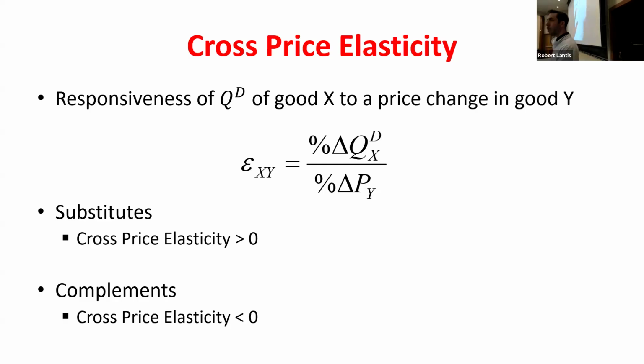If as a result I buy more, that's a positive change. Anytime this income elasticity is positive, that's telling me these are normal goods. I could work in the exact opposite direction, though. If I saw income go down and as a result people bought less, that still tells me it's a normal good. I've got a negative change over a negative change. Negative over a negative is a positive value. Anytime my income elasticity of demand is positive, I've got a normal good.